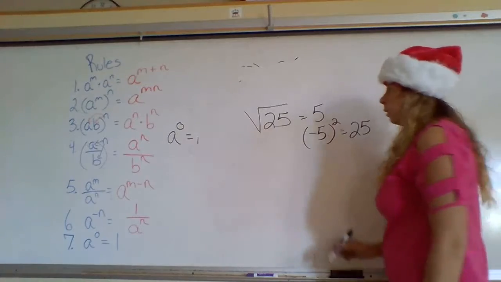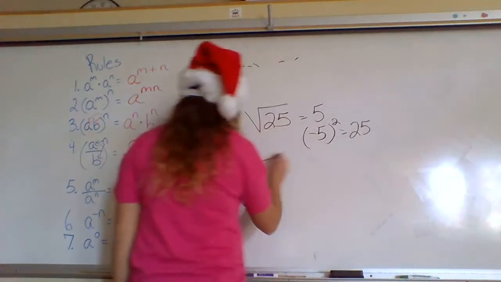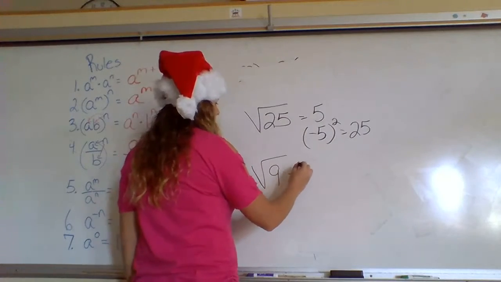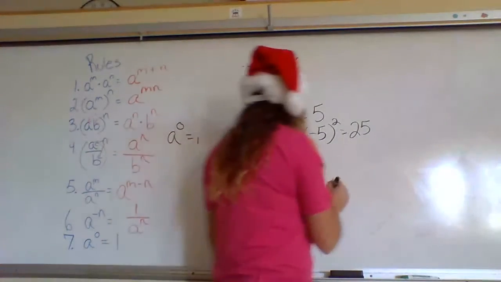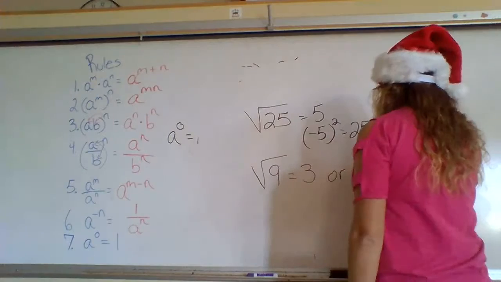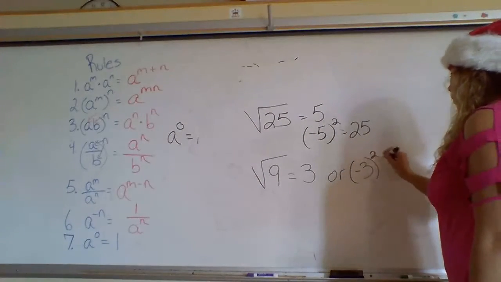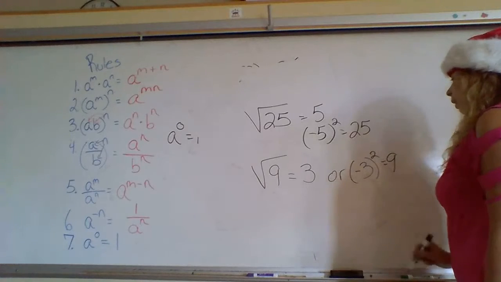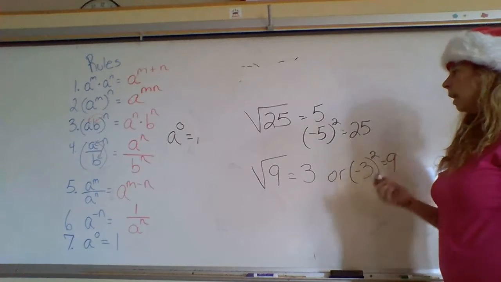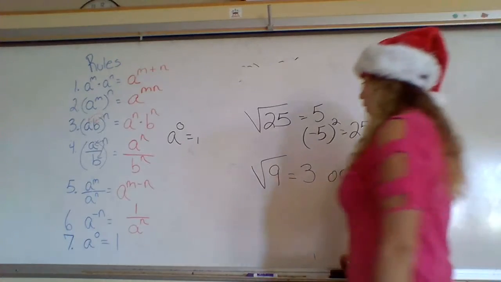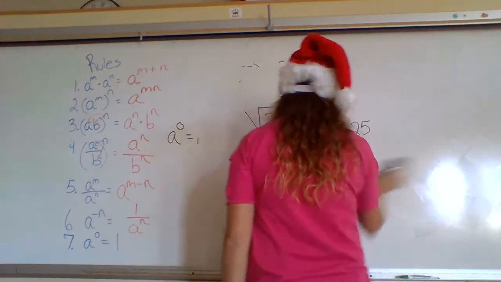So if I have the square root of 9, most of you will probably say it's 3, but it could also be negative 3, because negative 3 squared is also positive 9.